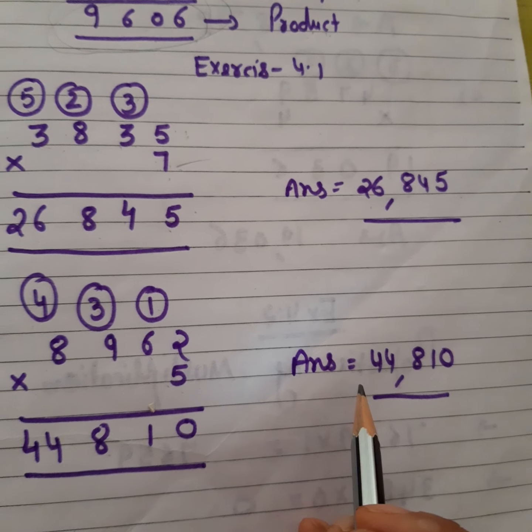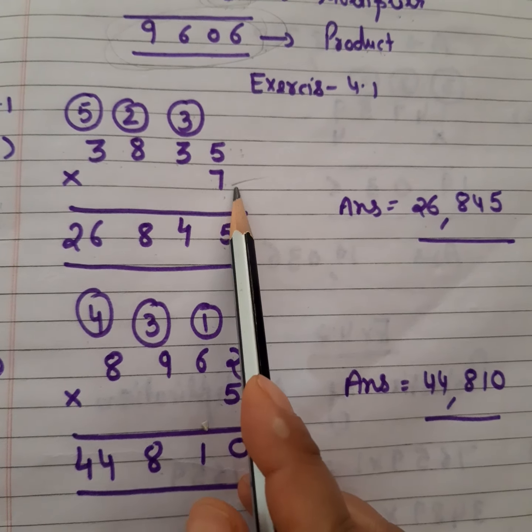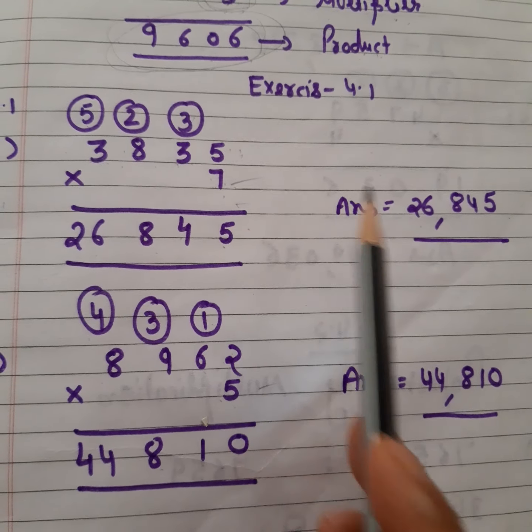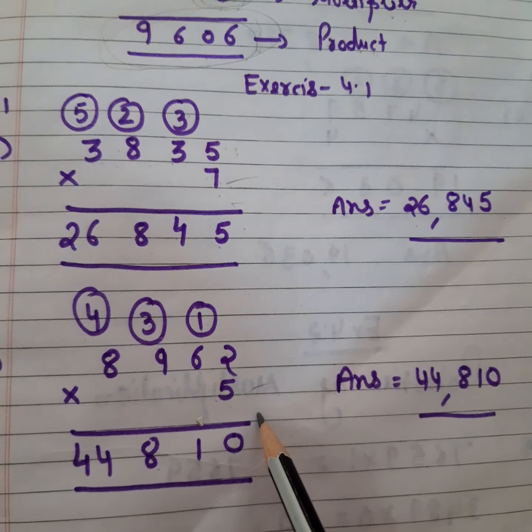So finally my answer will be 44,810. See, all the things are very easy. The little bit of difficulty will be in learning the tables.